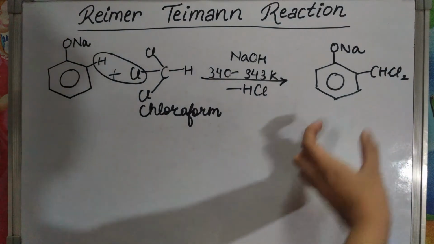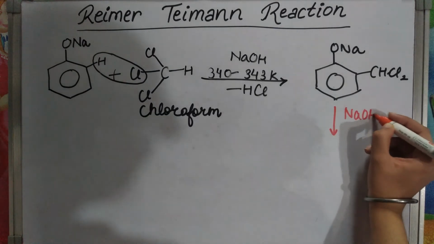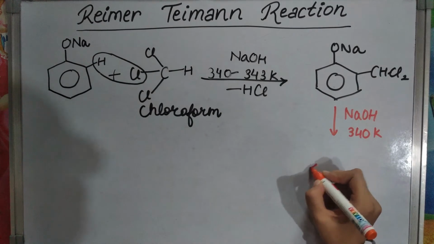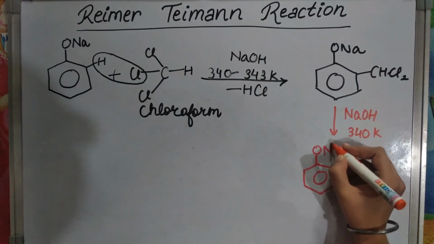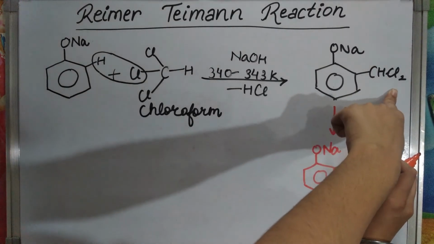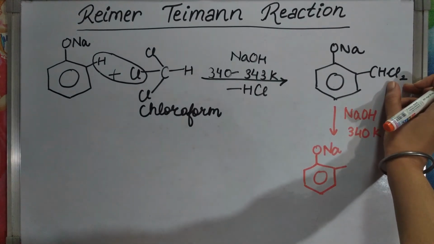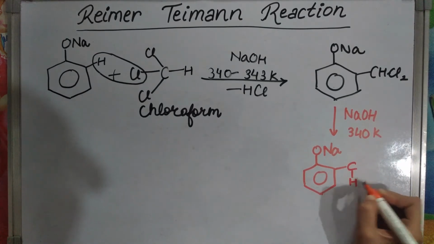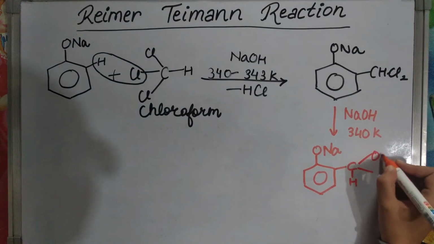Now in this product we will put NaOH at 340 Kelvin. What happens? The ONa part remains same and the CHCl2 part, in this part both the chlorine atoms convert into hydroxyl groups. That means we can write it as CH, same, and the chlorines can be written like this.